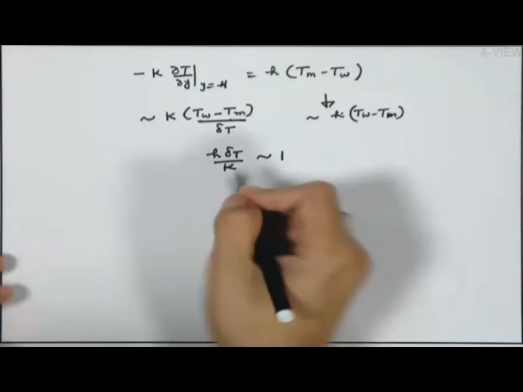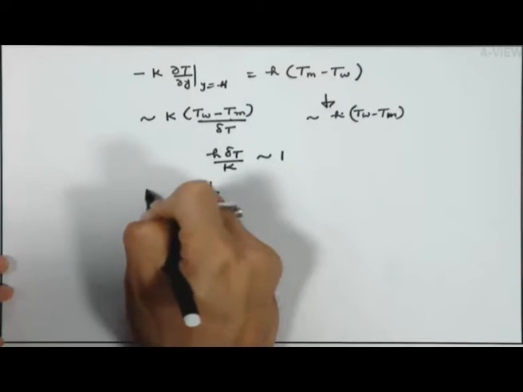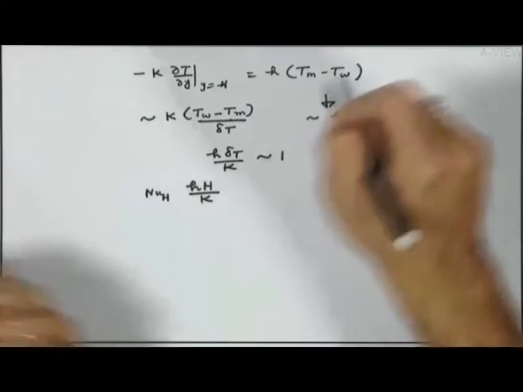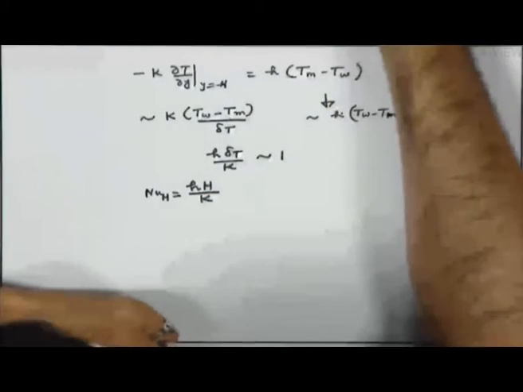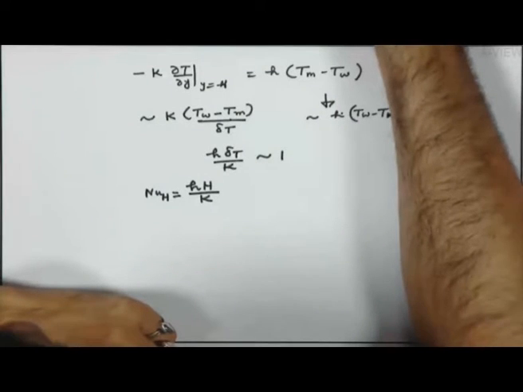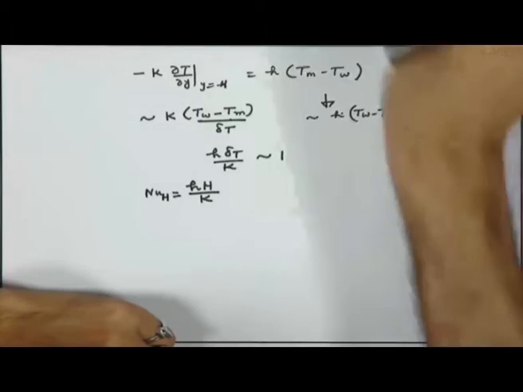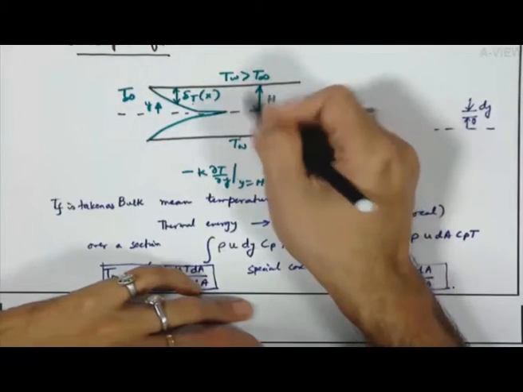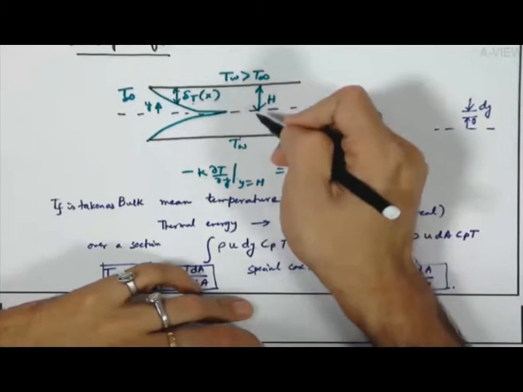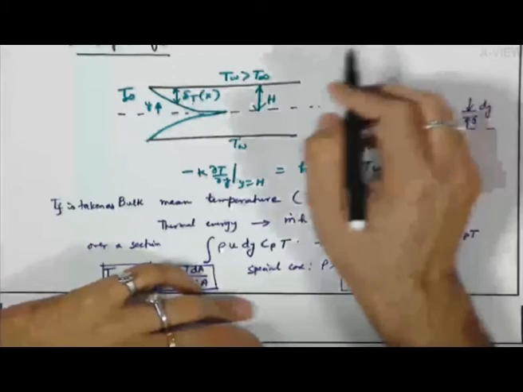So, h by k, which is the Nusselt number based on h, here the characteristic length scale is either the channel height or half of the channel height, or just if you go to the previous picture, here the characteristic length scale is either the half of the channel height or the channel height, or from engineering consideration the hydraulic diameter of the channel.